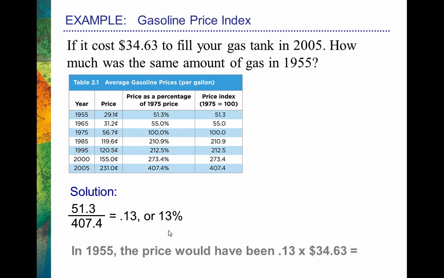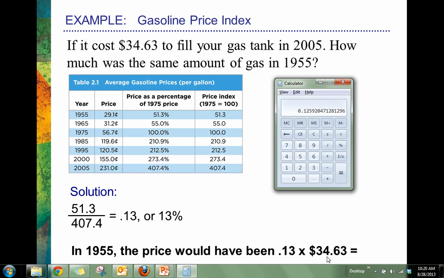So now what do we need to do? What we're learning is that in 1955, the price would have been 13% or 0.13 of the amount you spent in 2005. So we're simply going to multiply 0.13 times $34.63. We'll pull out our calculator, take 0.13 and multiply that by 34.63. And that will equal $4 and about 50 cents.